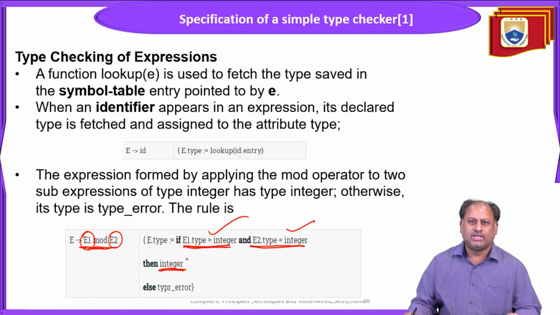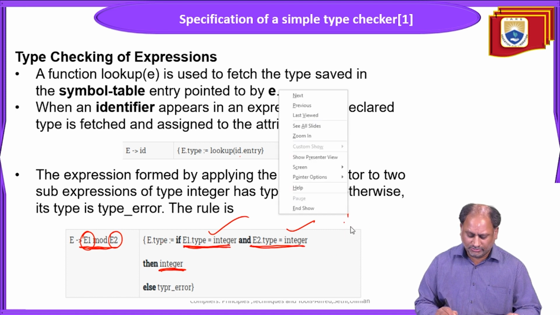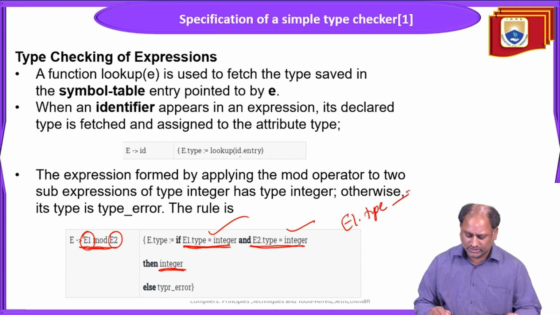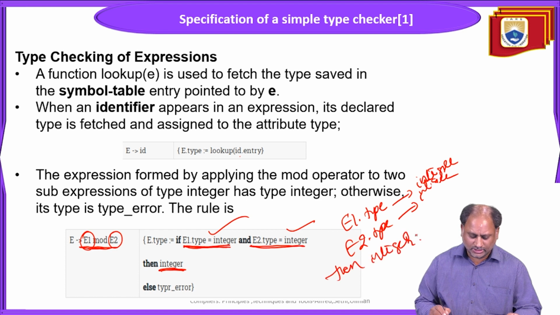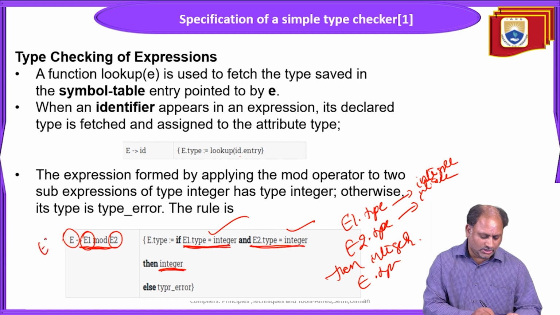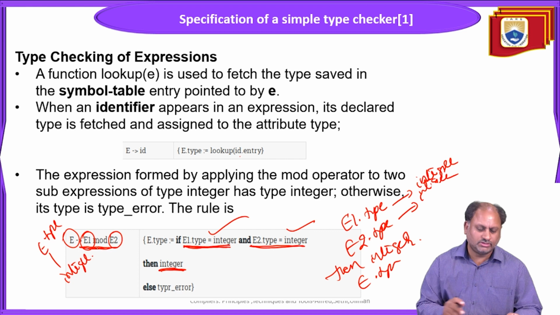So the expression type is verified, and by applying the mod operator the result is of integer type only, else if any other type is obtained then it is type_error.